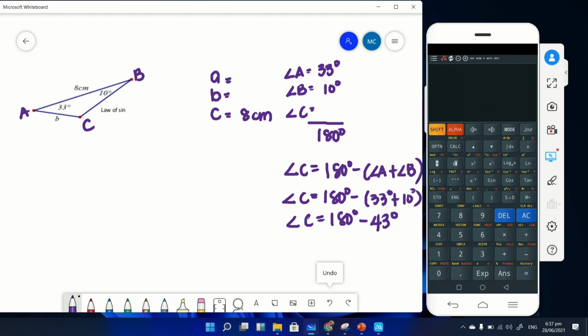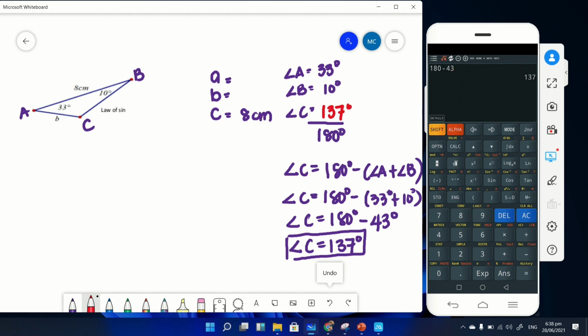And when you subtract 180 minus 43 degrees, the answer is 137 degrees. So this is now the measure of angle C. Okay, so this is 137 degrees. So okay na tayo dito sa angle C.